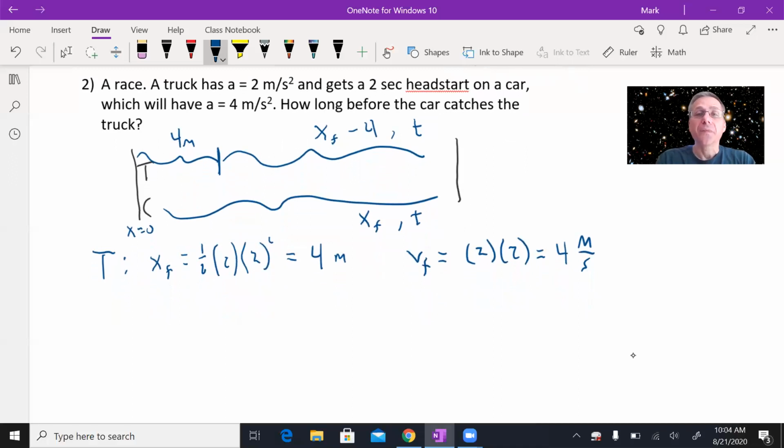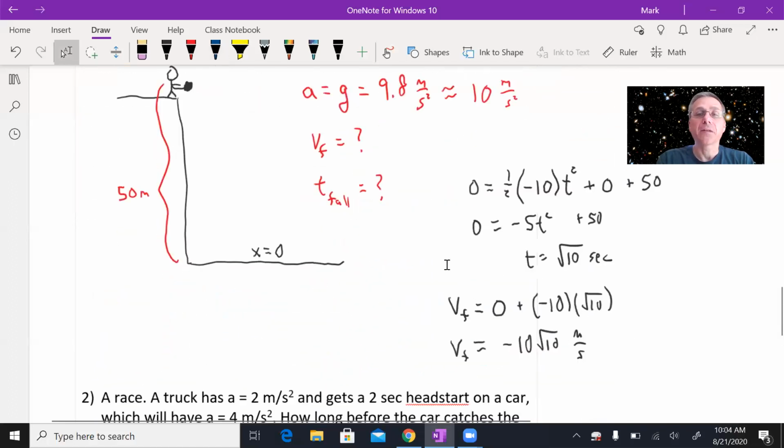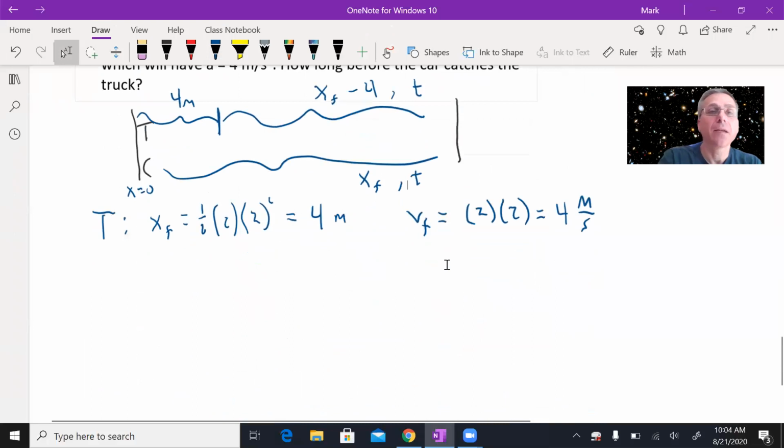Okay, so think about this picture, and I'm going to use the position equation here. Look how I set this up. Let me do it in red. For the car, it has to travel the full distance.